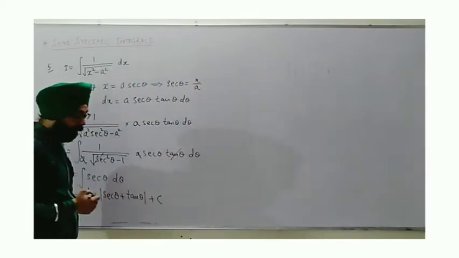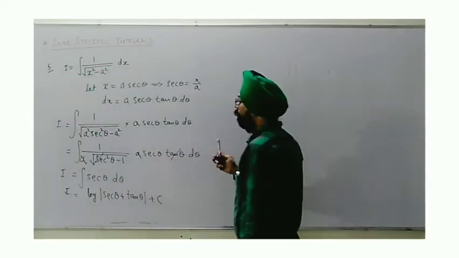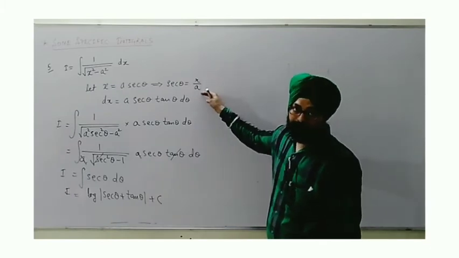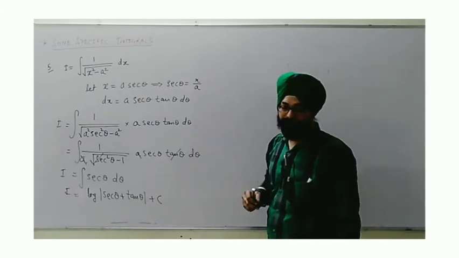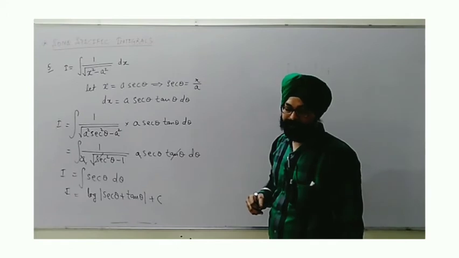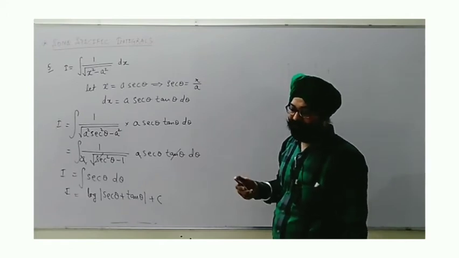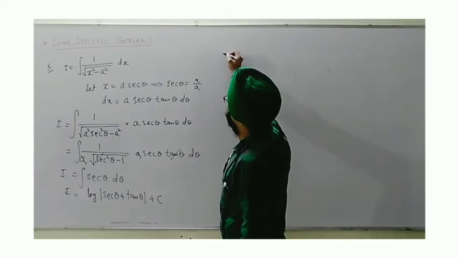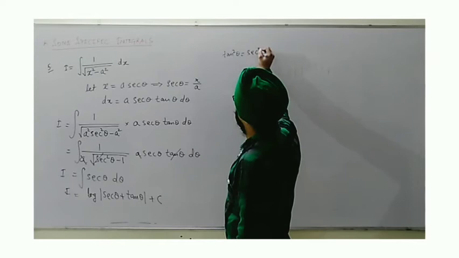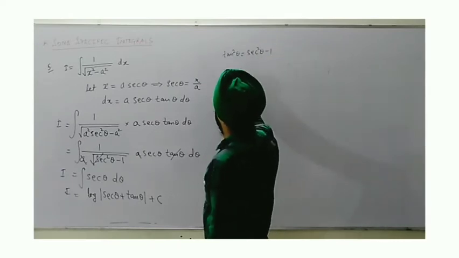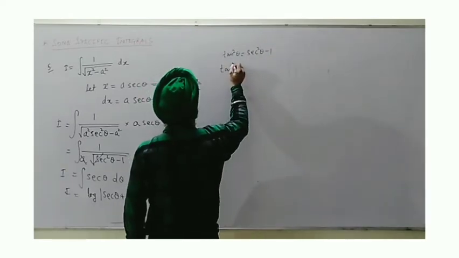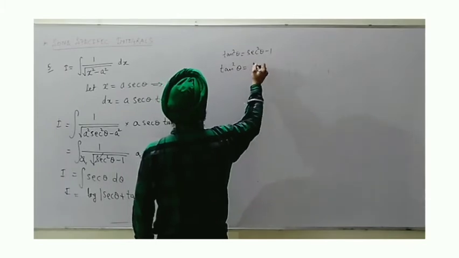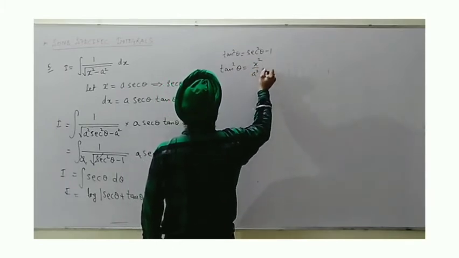To find the value of tan theta, we can use either the Pythagoras theorem concept, or we can directly use the relation between sec square theta and tan square theta, whichever is suitable. If I take the identity, tan square theta, as we know, is equal to sec square theta minus 1, so tan square theta will be written as x square upon a square minus 1.